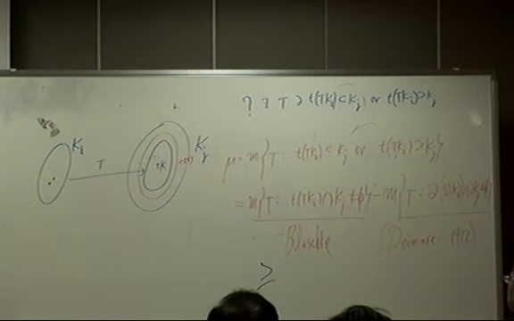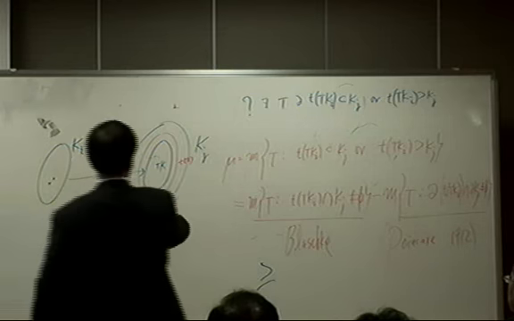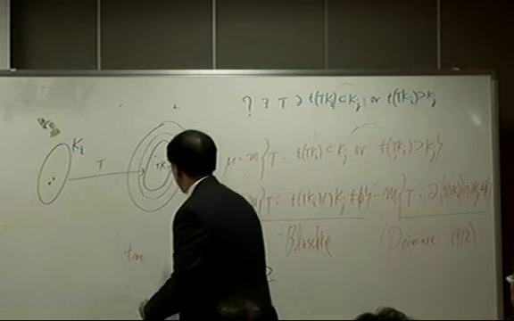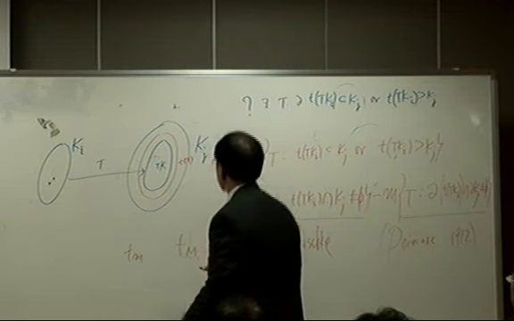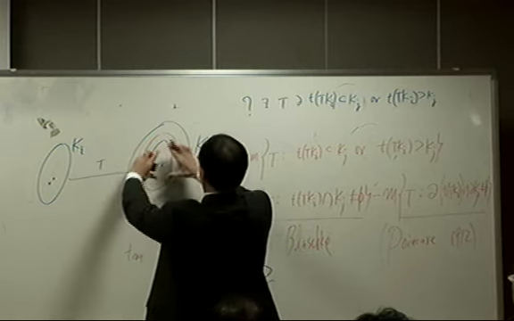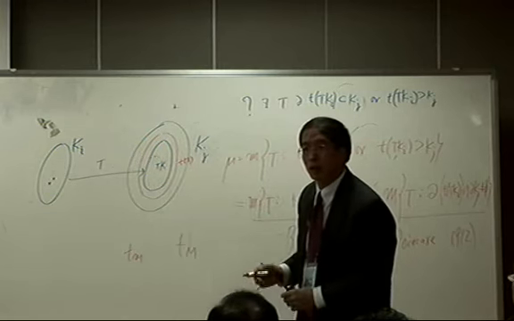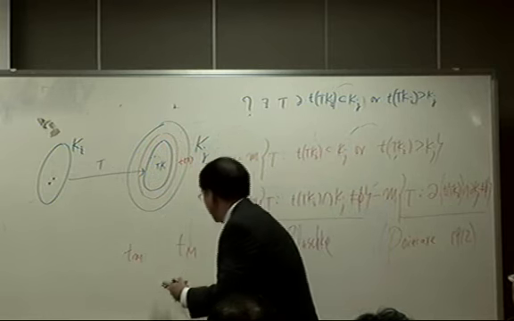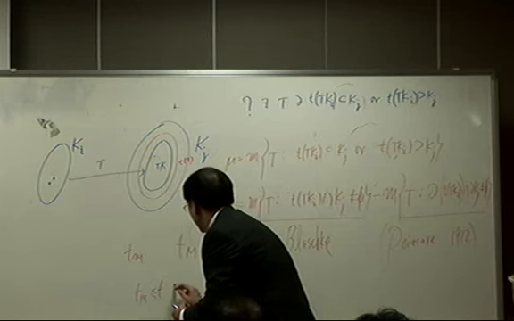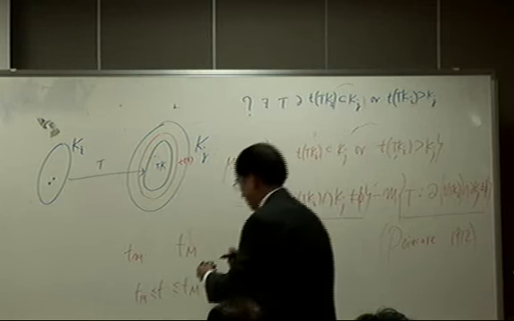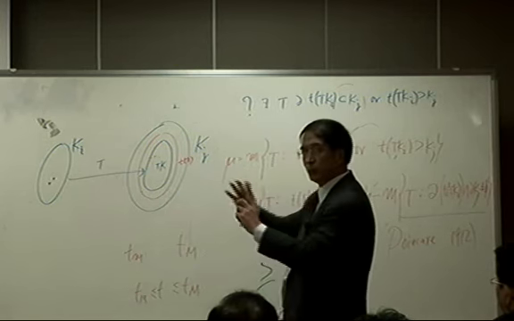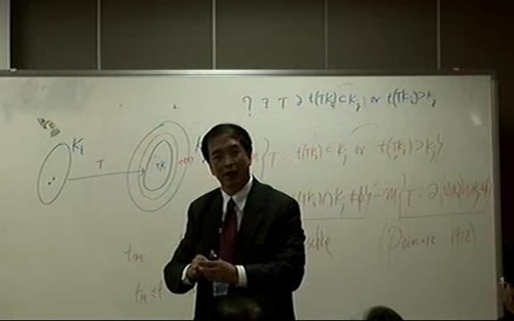Because we see, what's the Tm? Tm is outside, it's large. This small Tm is inside. So when T is between the small Tm and the large Tm, these cannot contain each other, right?